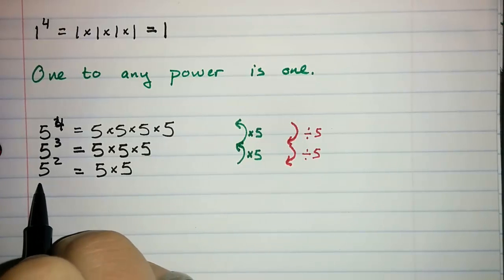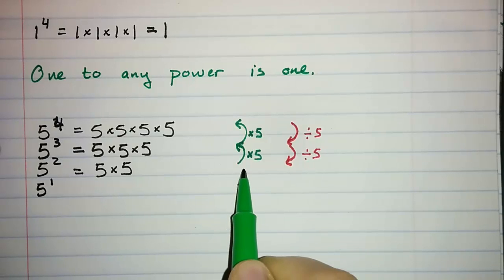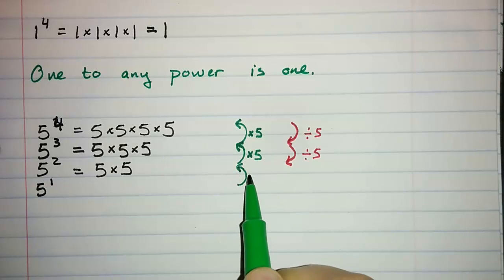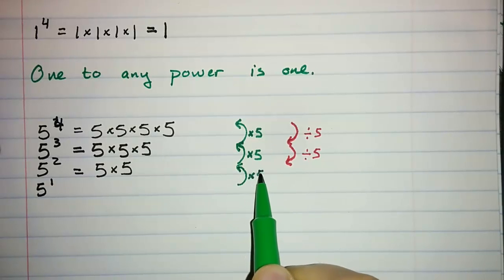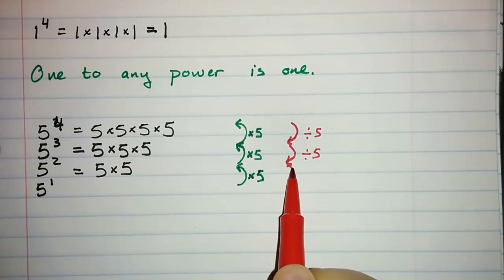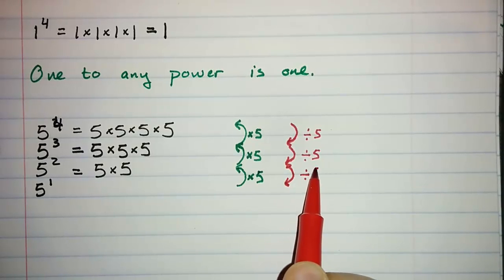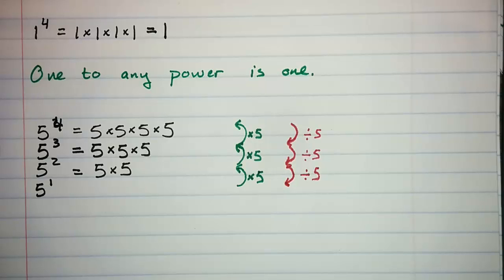What should 5 to the 1 be? Well, to go from 5 to the 1 to 5 squared, we want to be multiplying by 5. Or another way to think of it is going from 5 squared to 5 to the 1st, we want to be dividing by 5.